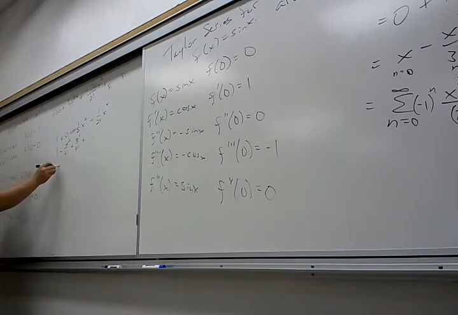So what's that going to look like in closed form? Negative 1 to the n, x to the 2n over 2n factorial.